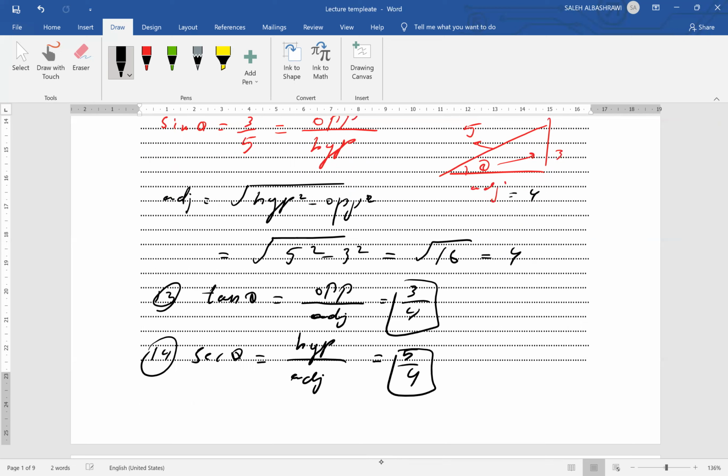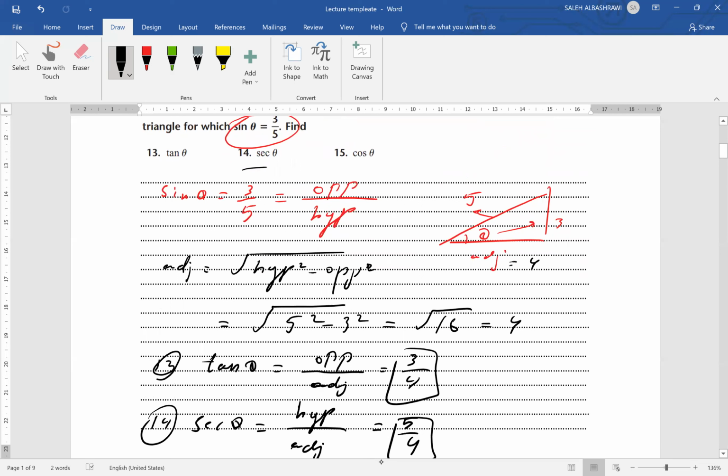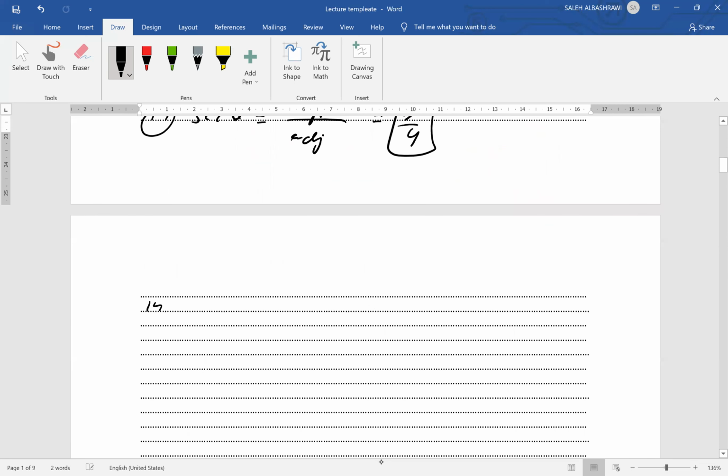Next, number 15, cosine theta is equal to the adjacent divided by the hypotenuse, that will be equal to 4/5.